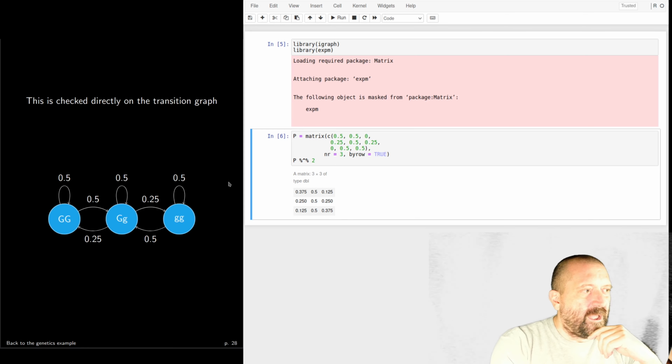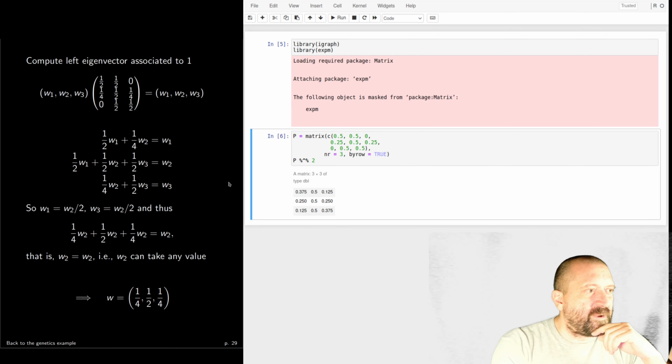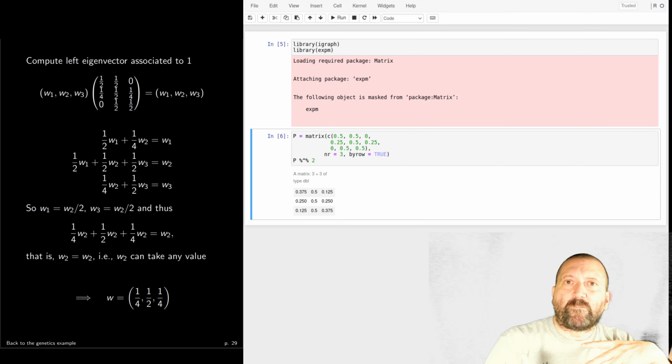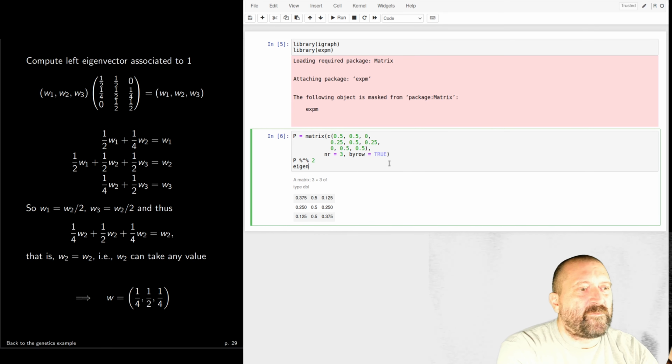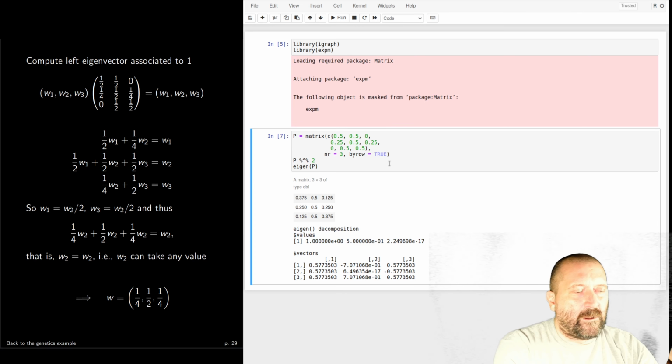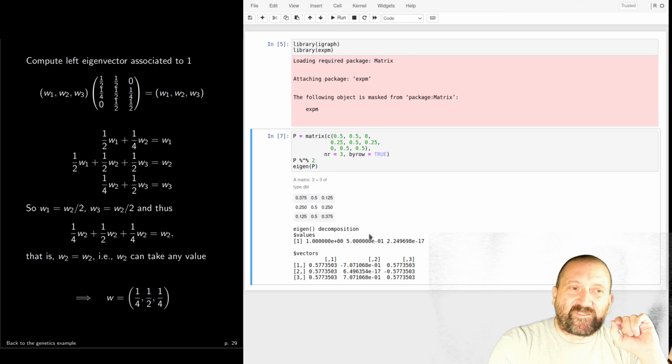If you remember, what we wanted is the left eigenvector corresponding to the eigenvalue 1. So if I want to compute the eigenvalues of P, let me point out, this is not what I want.